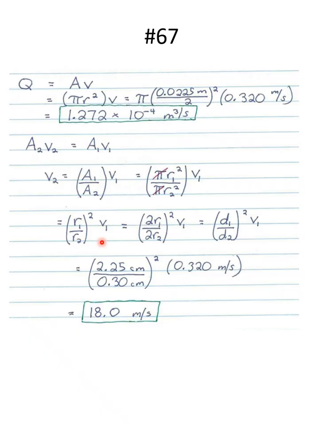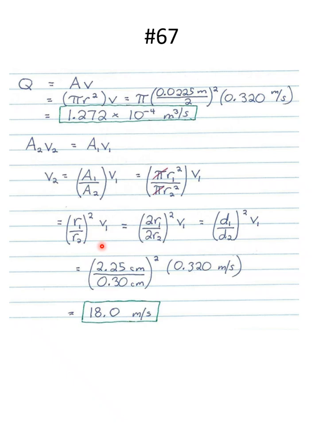Now, the easiest way to do this, you could type in the radii, and you can even leave it in terms of centimeters, because as long as they're consistent units, the centimeters are just going to divide out. But something even easier is, let's not even bother to compute the radii. I know it's just a matter of dividing by 2. You could also use diameters because you're looking at the ratio.